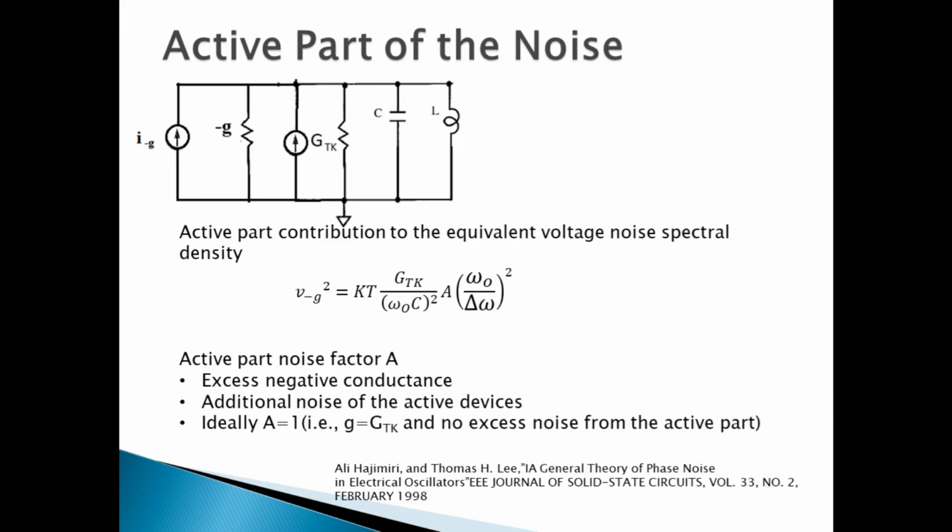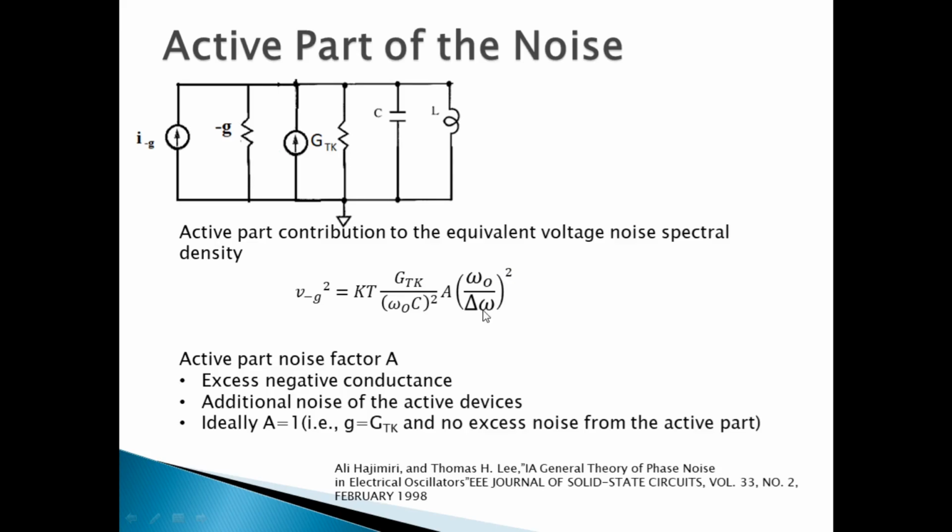So noise that has entered into the tank will be frequency shaped and band-pass filtered around the carrier frequency omega naught. So you can see that the noise generated is the largest around the center, around the carrier frequency.